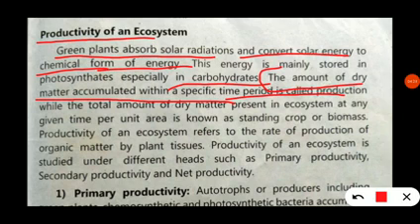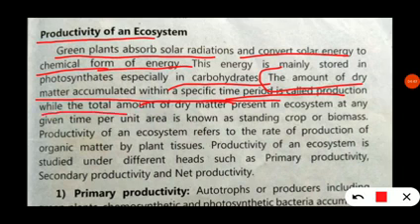This accumulation means the formation of food, that is, the formation of starch molecules and carbohydrates. This is known as dry matter. The amount of dry matter accumulated within a specific time period is called production.